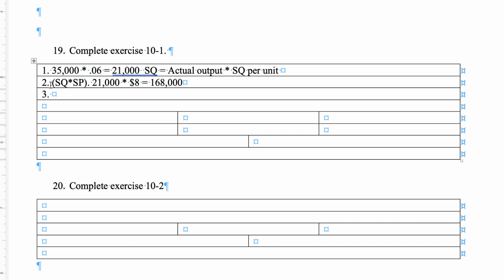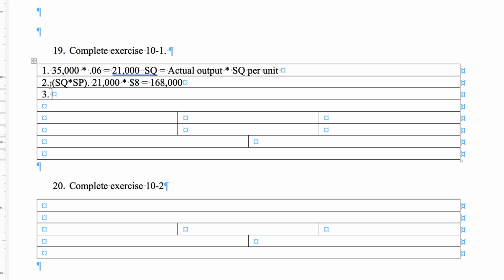Question 3 says, what is the material spending variance? Right off the bat, we know that the material spending variance is the difference between the actual cost incurred and the standard cost allowed.